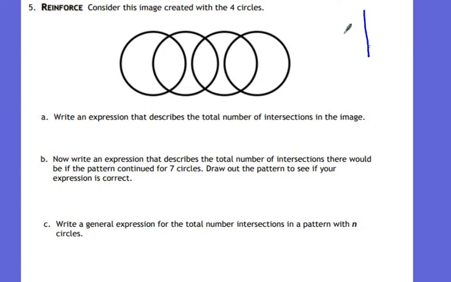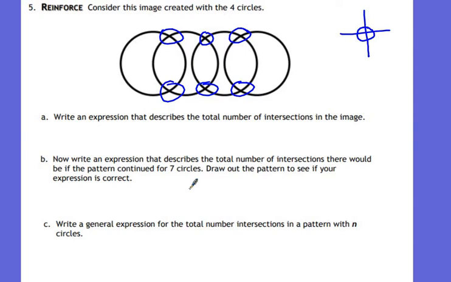Or if I had a line, the intersection's right here. It's where they cross. Okay, so I need to write an expression for the total number of intersections in the image. Okay, well, I notice it's crossing here, here, here, here, here, and here. I need to write an expression like we kind of did with the tiles yesterday.